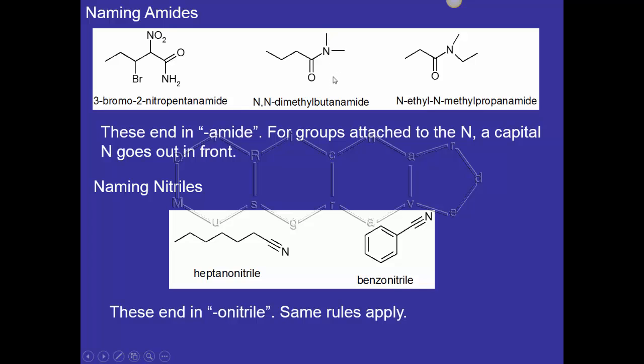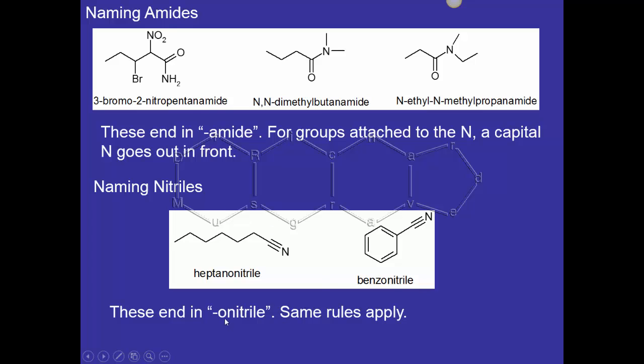It's not enough just to have dimethylbutanamide, because we need to specify that both methyl groups are coming off the nitrogen. The N here is a capital N and is always written as a capital N because it's the symbol for nitrogen. This one here has a methyl group and an ethyl group hanging off the N, so it would be called N-ethyl N-methyl propanamide. Again, this would be from propanoic acid.